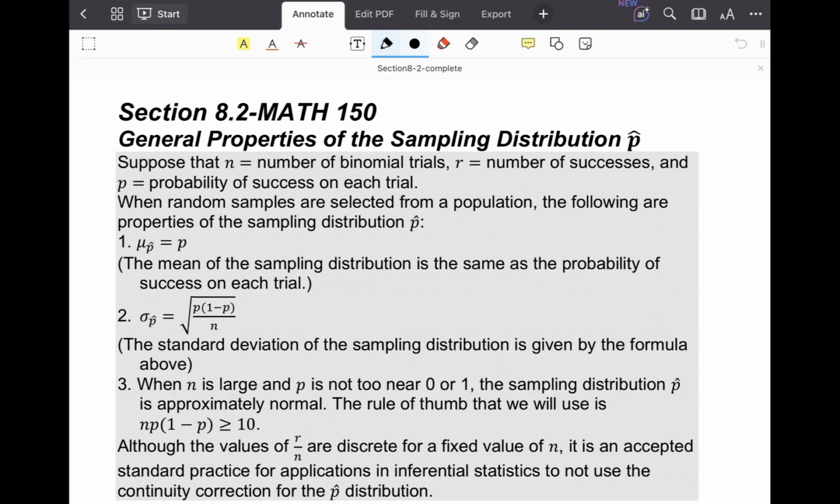So I have here just the general properties of the sampling distribution, and it's based on binomial trials. R is the number of successes, P is that probability of success.